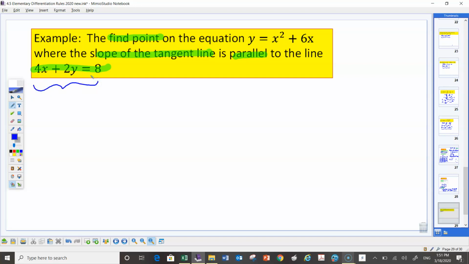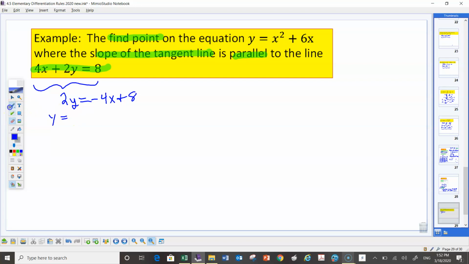So from Math 10, if I could write that in the form y equals mx plus b, I can find my slope. So to do that, I'm going to subtract the 4x to the other side, divide everything by 2, and I'm going to get -2x plus 4.